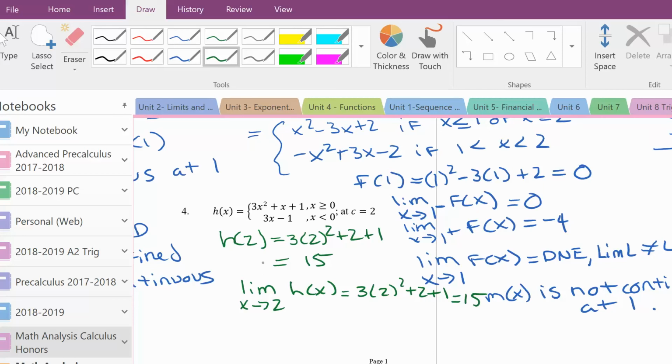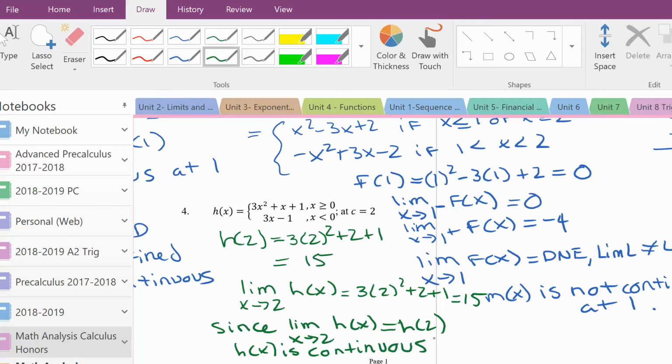So notice, since the limit and the value of the function are the same, the limit of h of x equals h of 2, h of x is continuous at 2.